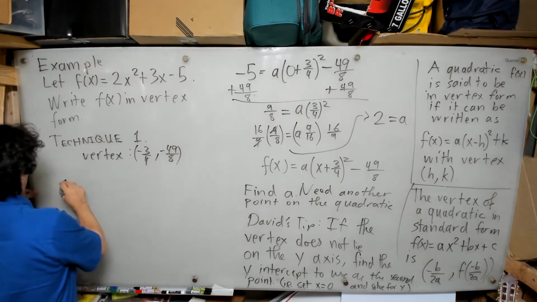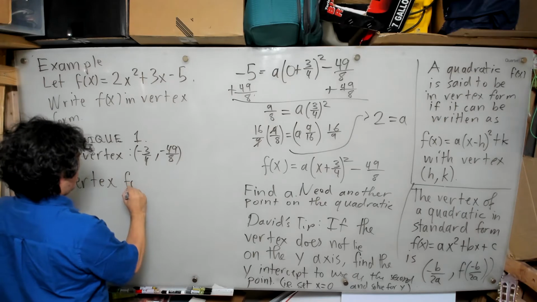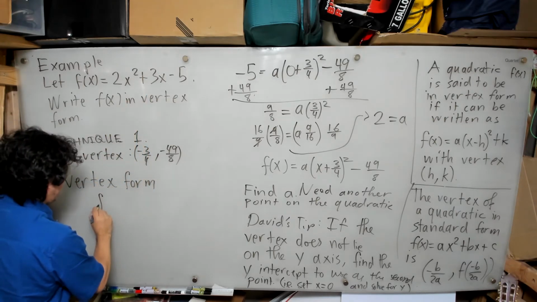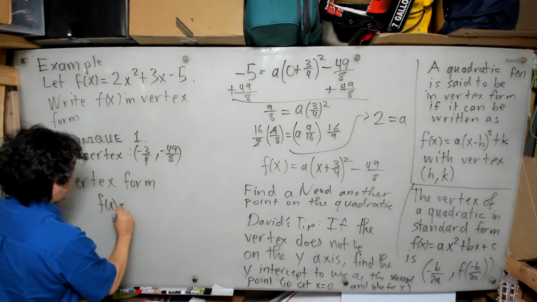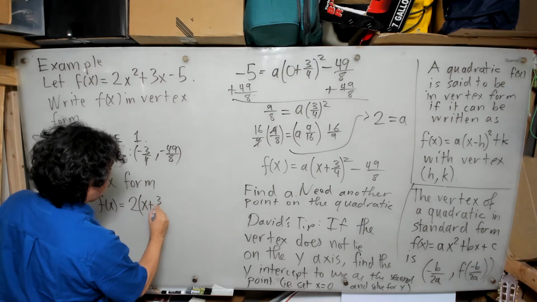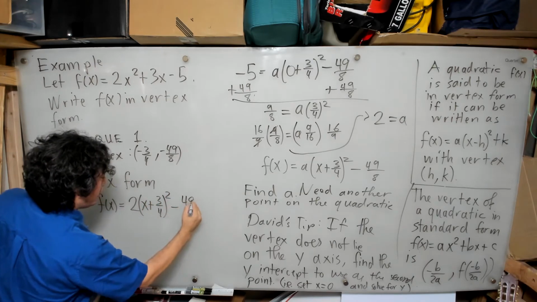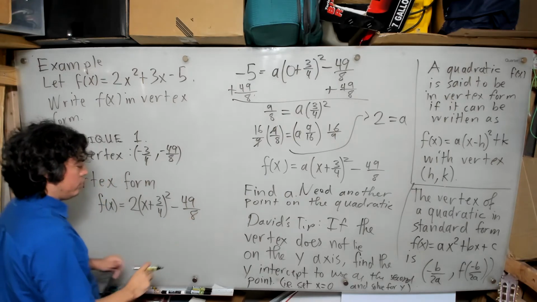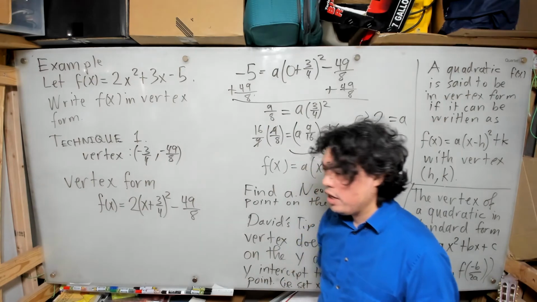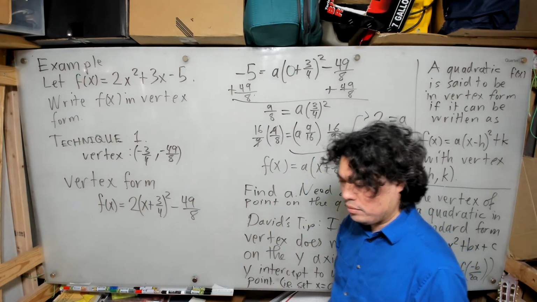So my vertex form of this quadratic is f of x equals 2 times (x plus 3 over 4) squared minus 49 over 8. And there we go. If we wanted to, we could stop right here. We have answered the question as stated.